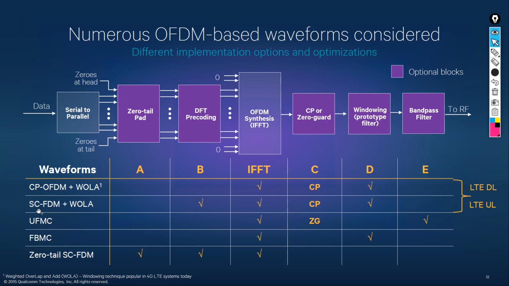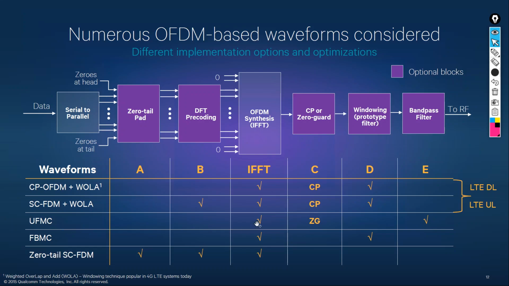This is used in the uplink in LTE, and OFDM is used in the downlink. Do we use CP? Yes. Do we use windowing? Yes. So the only difference between this and this is that we use DFT before IFFT. Clear? The receiver is the opposite. Whatever you use at the transmitter, the receiver does the opposite.